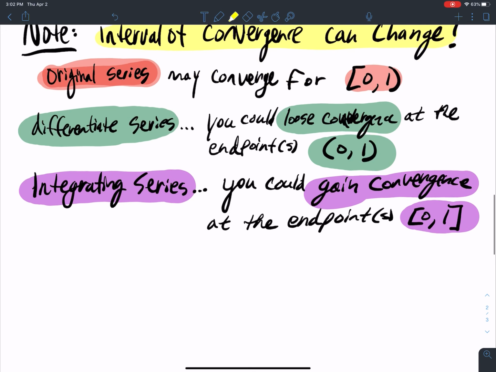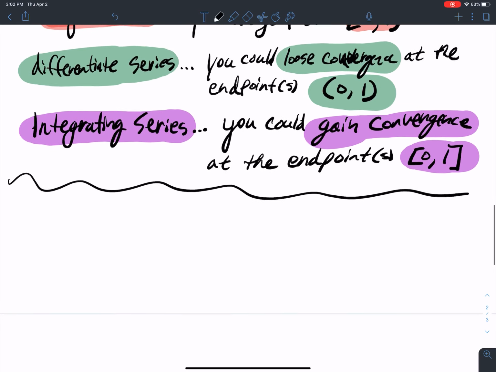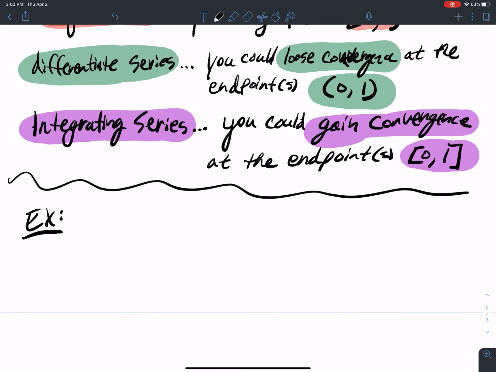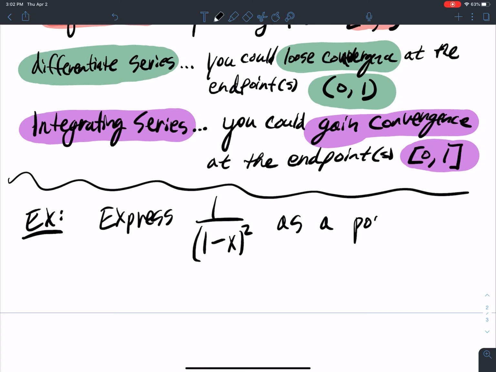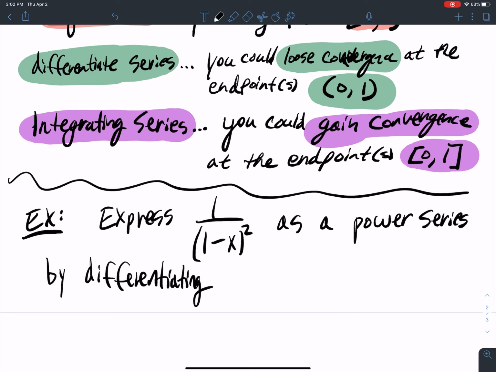What I want to do is express 1 over (1 minus x) all squared as a power series, by differentiating 1 over 1 minus x.